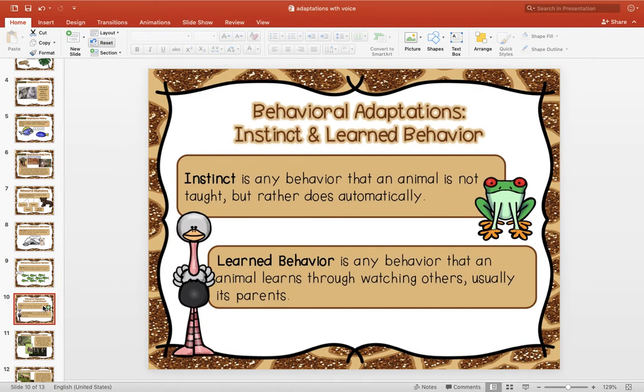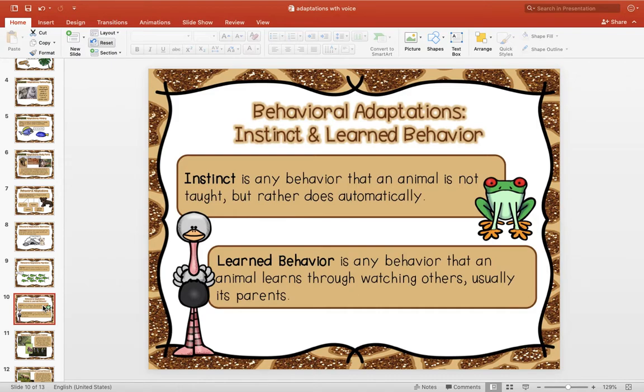Behavioral adaptations can be instinctive or learned. Instinct is any behavior that an animal is not taught, but rather does automatically, something it's born knowing to do. Let's use ourselves as an example. If you walked into a kitchen and put your hand on a hot stove, you wouldn't have to wait for someone to teach you to yank your hand back.